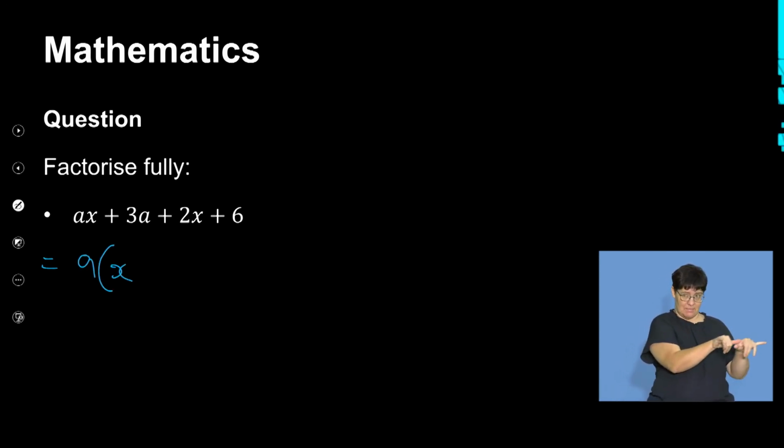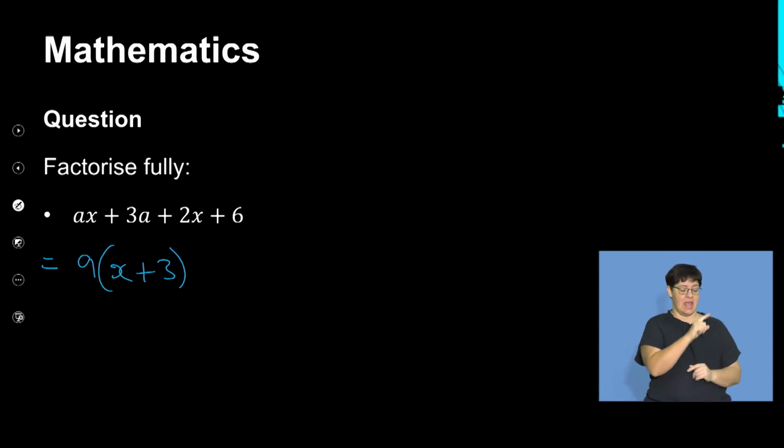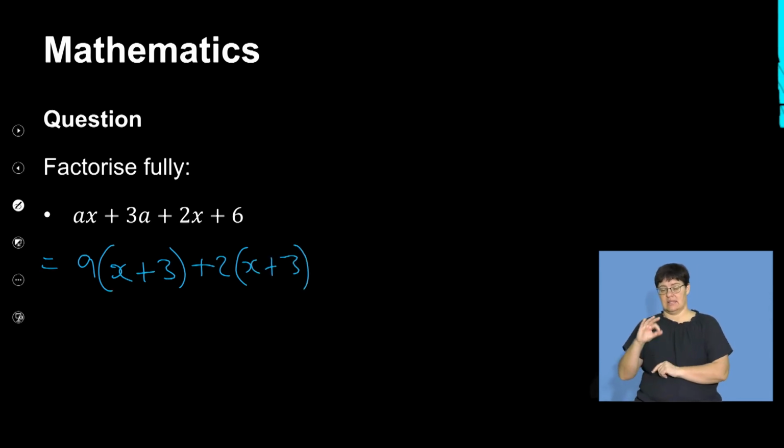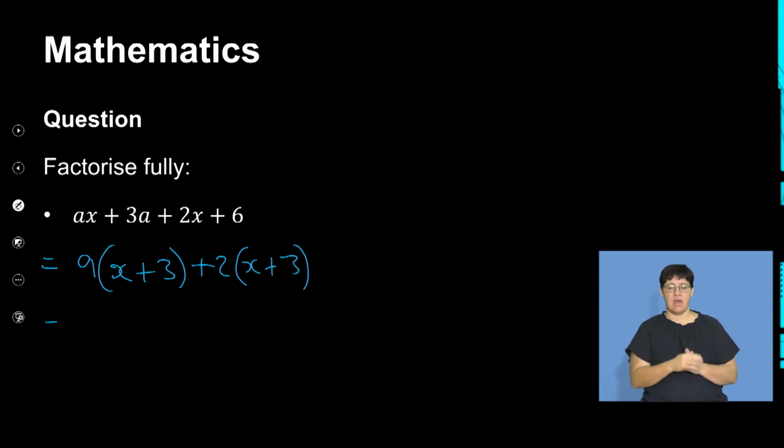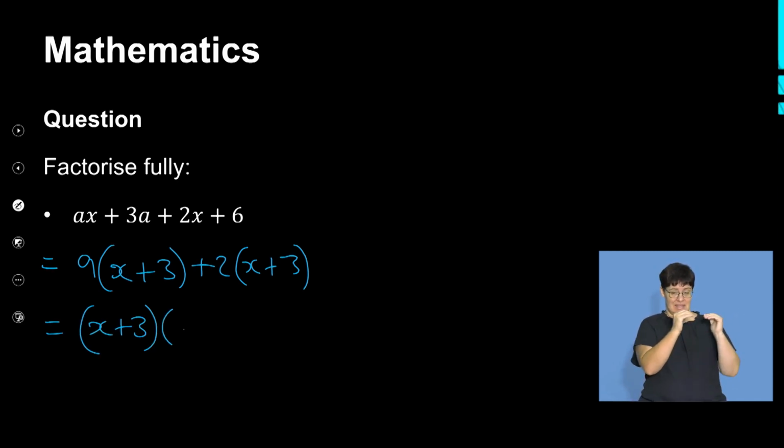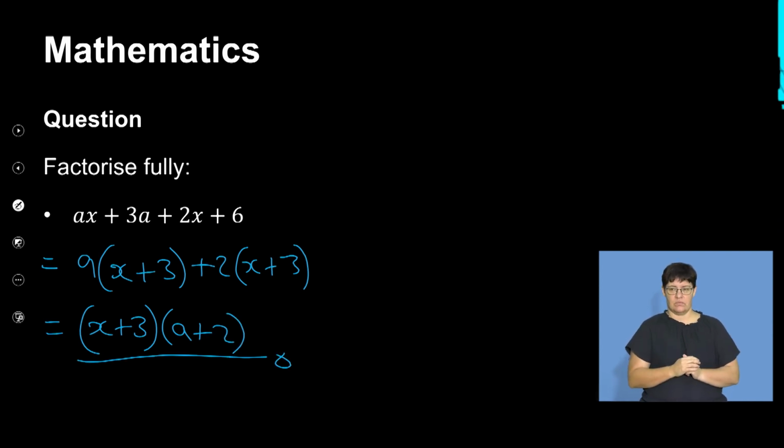This will be x plus 3. And the second one has a common factor of 2, which will be plus 2 into x plus 3. Then you can see I have two brackets that are the same, which is x plus 3 into a plus 2. And that will be how you factorize this.